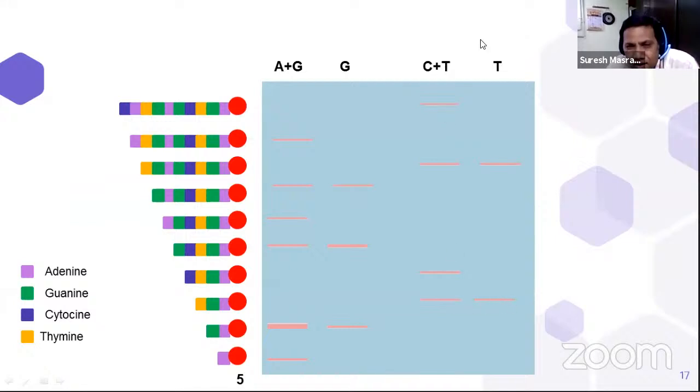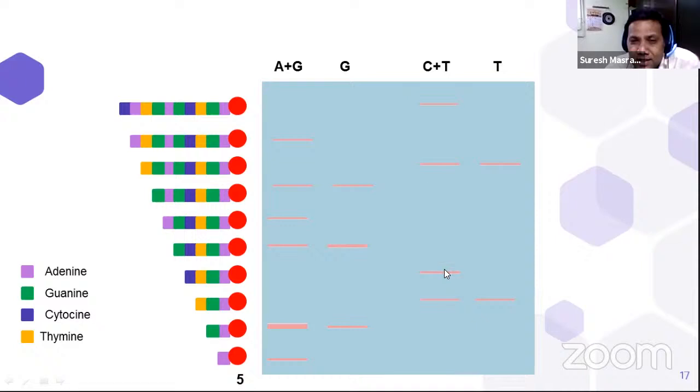But in this, we know that the cuttings are taking place at the C level because both are at the C. So here this is cytosine. The third molecule is cytosine.